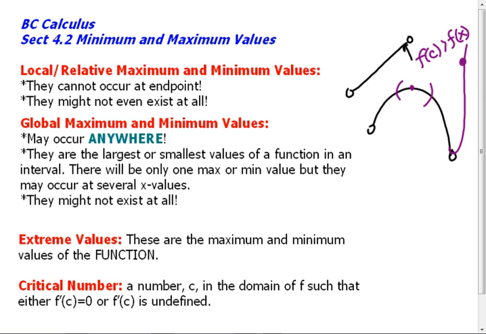Okay. Global max and mins, f of c is bigger than all the other f of x's on the interval. Let me even write neighborhood here.